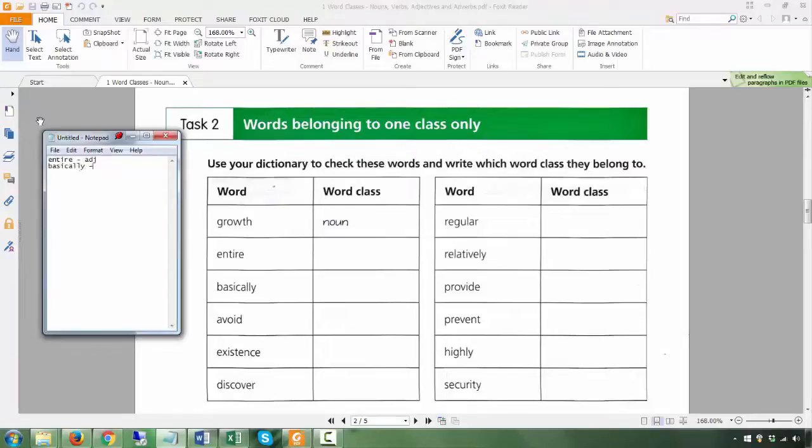Basically, you straight away know, because of the ly, that's most likely going to be an adverb. Avoid is a verb. Existence, you will learn in the next chapter that ence normally is a noun if it ends with ence. Discover is a verb. Regular is an adjective.